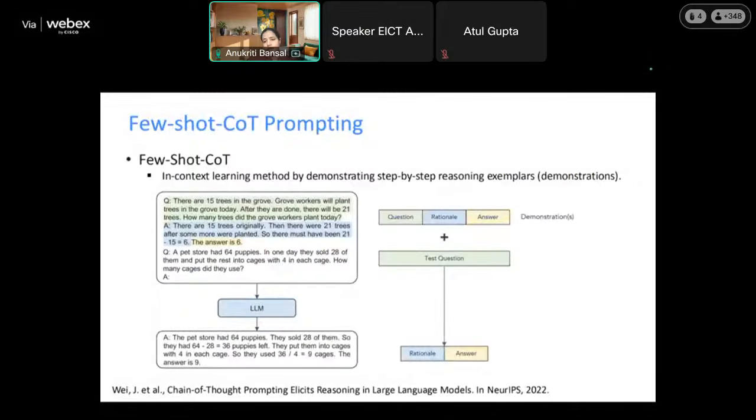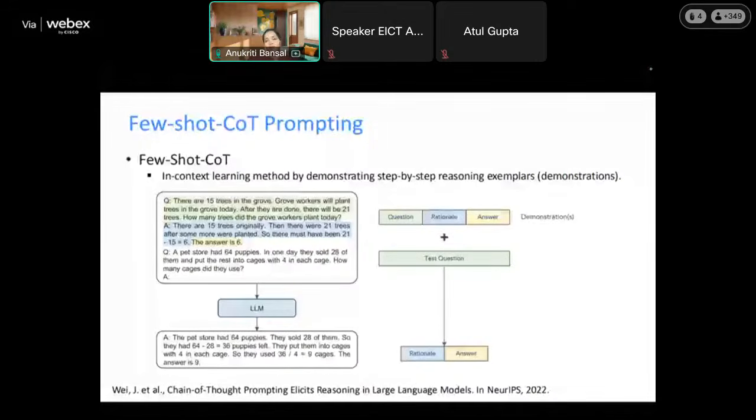Like if you want to use these models for a simple task, maybe generating an email for you, you have to set a persona, that you are a working professional, or maybe a business analyst, and based on these business use cases, you have to generate a response.